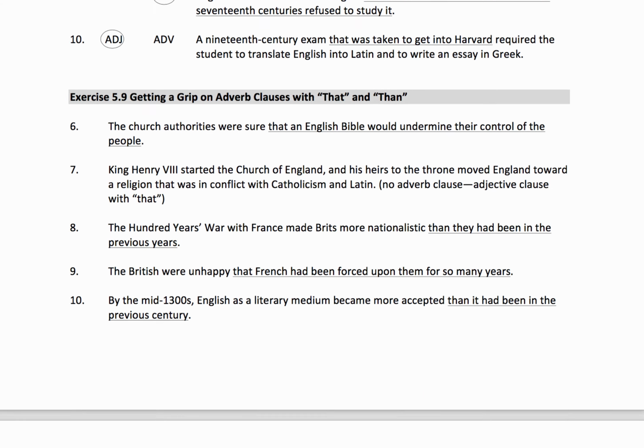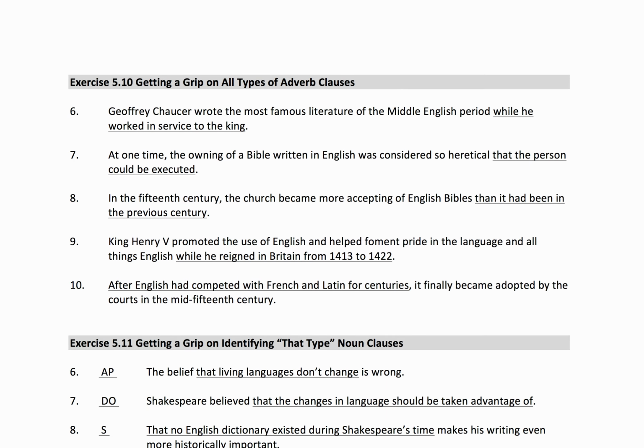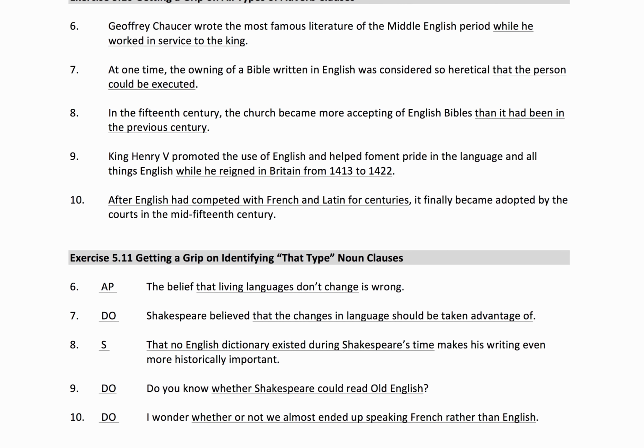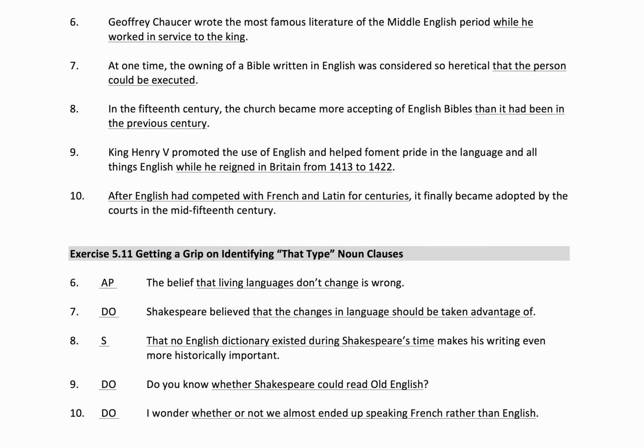Okay, the final section asked us to identify noun clauses and say what it's doing in the sentence. This is just an important exercise to help you see how noun clauses are different. Now, I'm not going to ask you on the final exam to say what the function of the noun clause is. I'm not going to ask you to say it's a direct object, it's a subject.